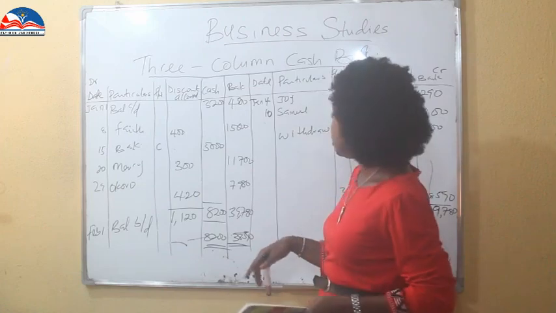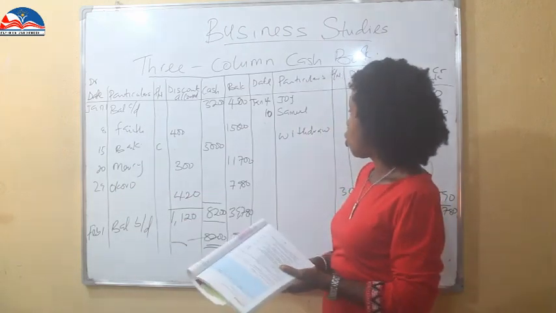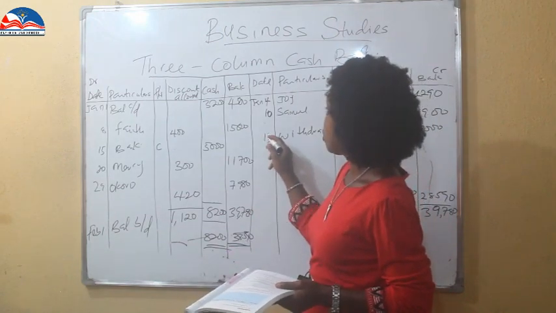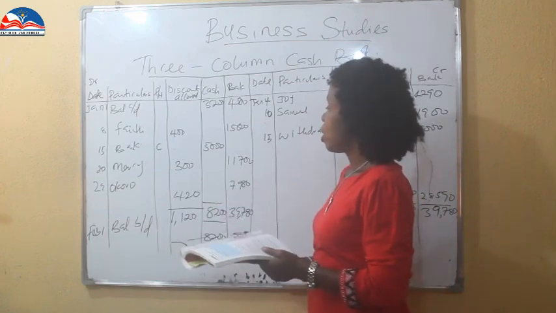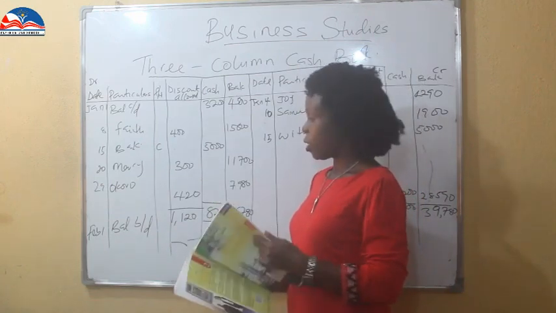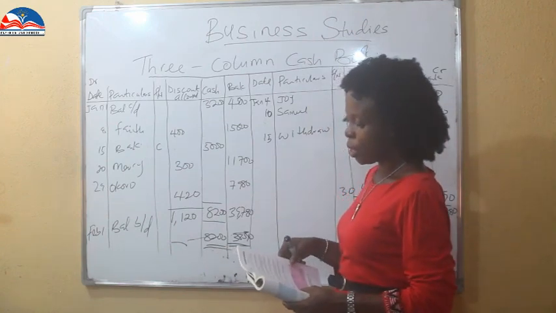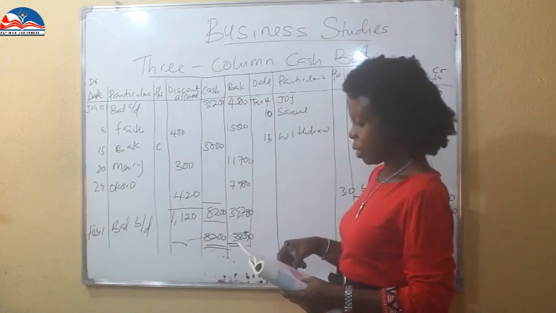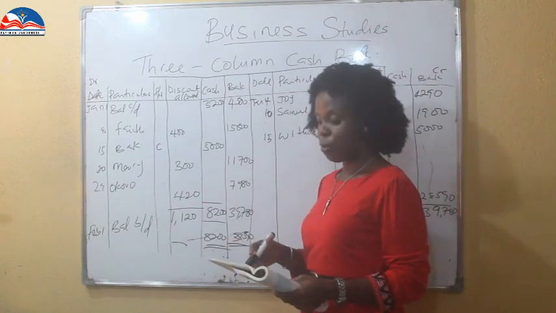Then on the 29th, Okoro. This withdrawal was done on the 15th, so both of these were on the same day. Okoro, that was on the 29th. On the 29th, he paid Okoro into his account a 7,980 check, and it was a deduction of 5%.